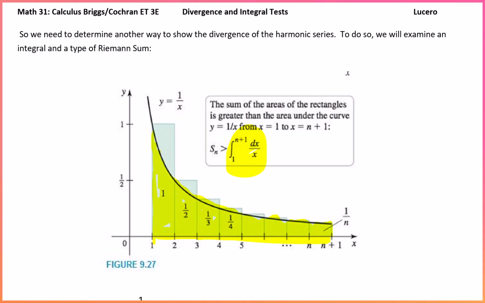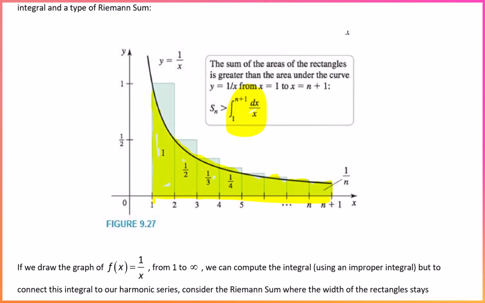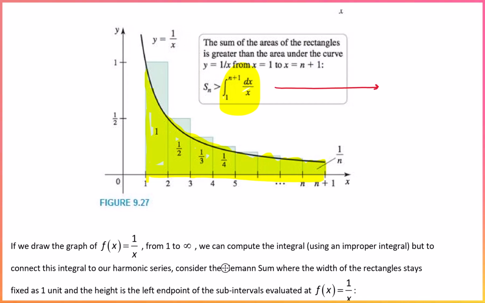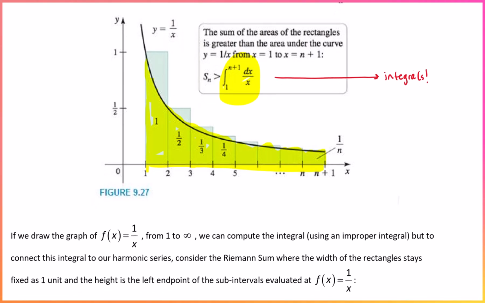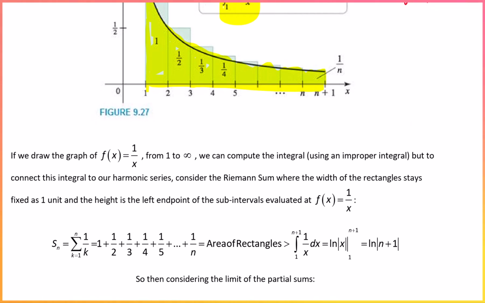So that Riemann sum that is giving us the partial sum, S sub n, is going to be greater than the integral. Well, we know how to calculate this. It's not an improper integral yet, but we are going to let n go to infinity. This is just an integral, and we know how to compute integrals. So if we can compute the integral there, then we can figure out what's happening to the actual series.